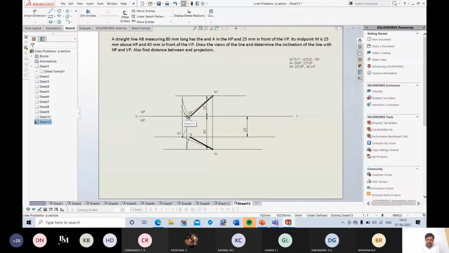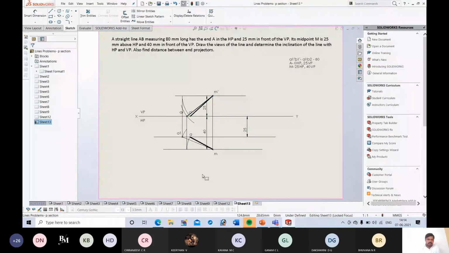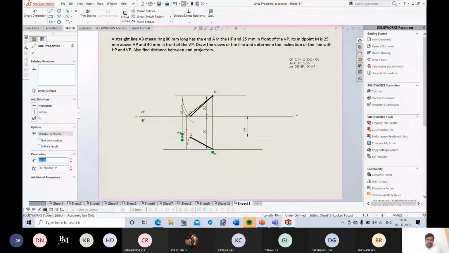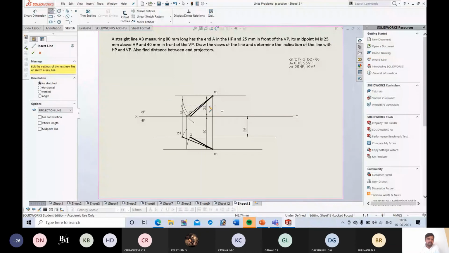Next, by extending this, you can get the remaining. Here you know the true length line, so align your scale to this true length line. I will make this line medium thick. Now I will extend the true length line for 40 mm length.